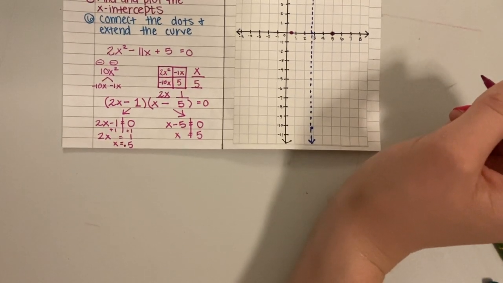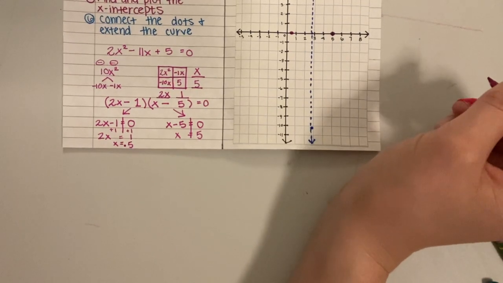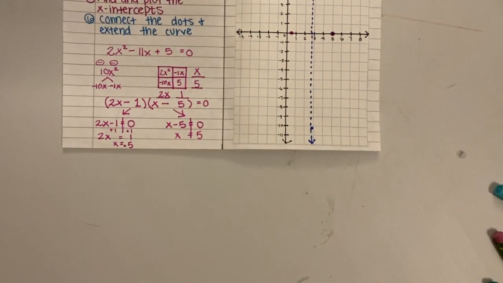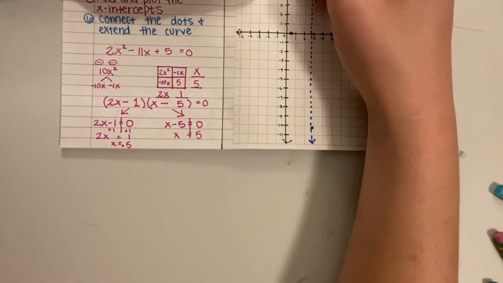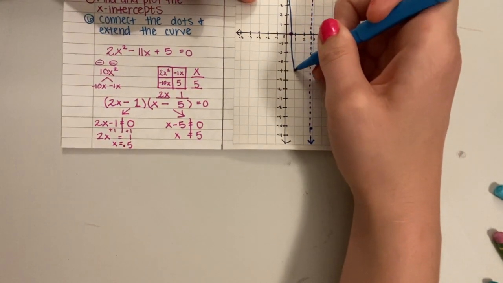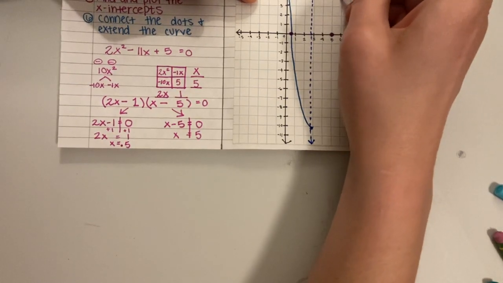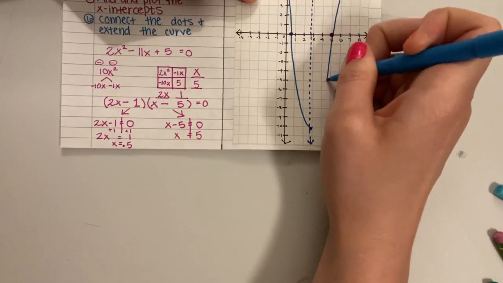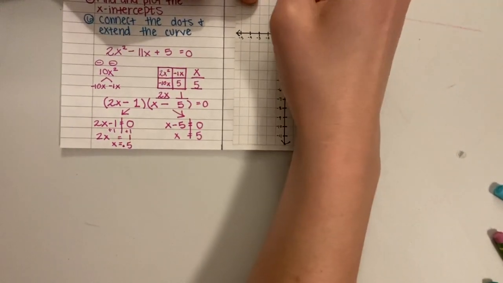The good thing about this is we have enough dots to connect our dots and extend the lines, because if I just connect my y-intercept to my x-intercept, my curve is not going to be perfect. I have to curve back up at my minimum, and I have my graph.